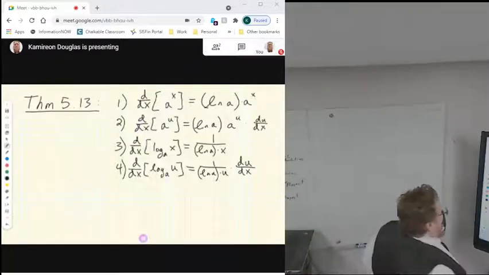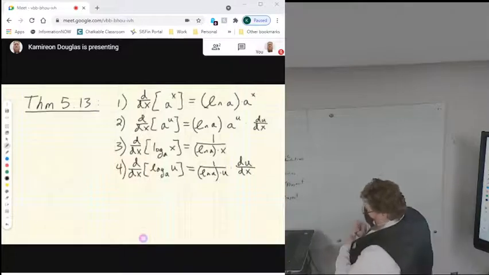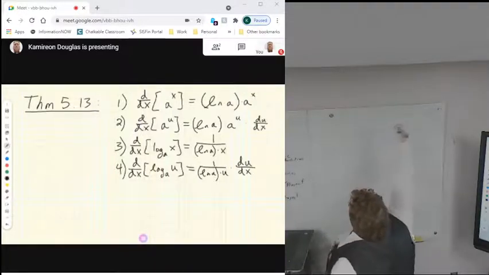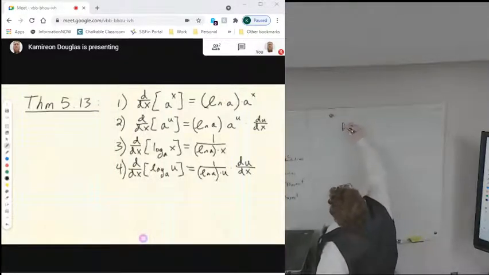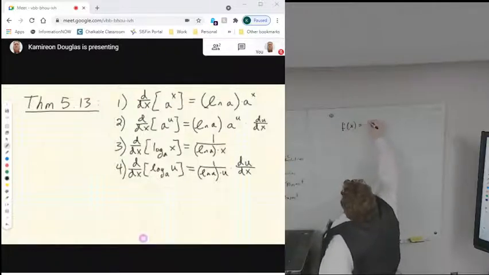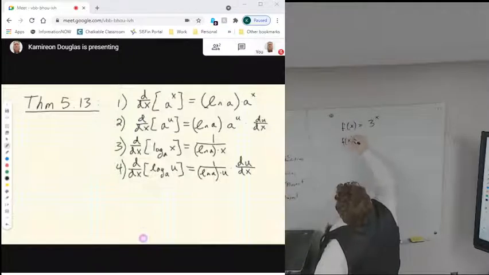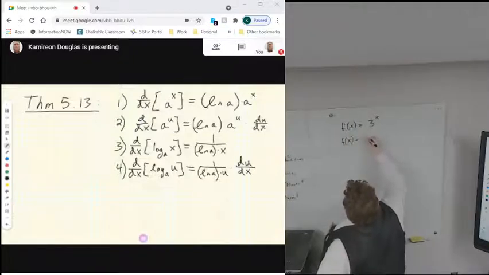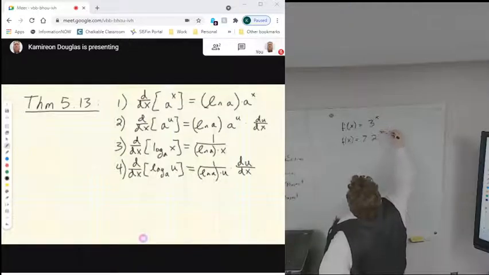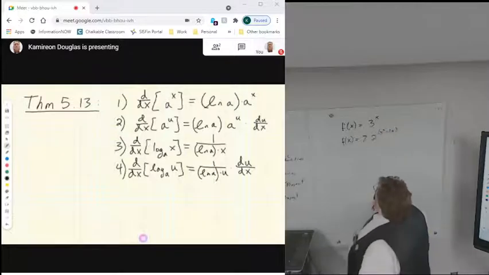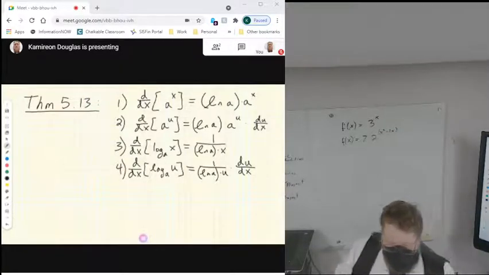So, pretty straightforward. Let's look at some derivatives. Let's start easy. If I have the function f of x is equal to 3 to the x power, and the function f of x is equal to 7 times 2 to the x squared minus 2x, the top one's easy, the second one not.